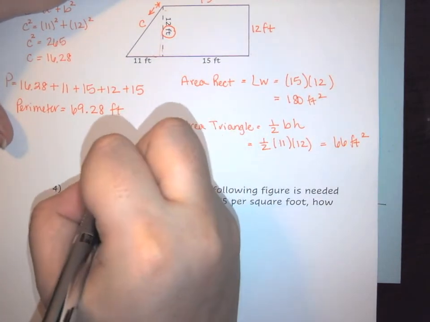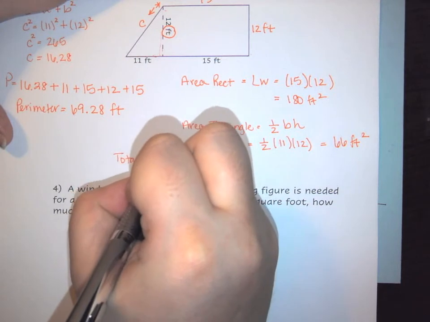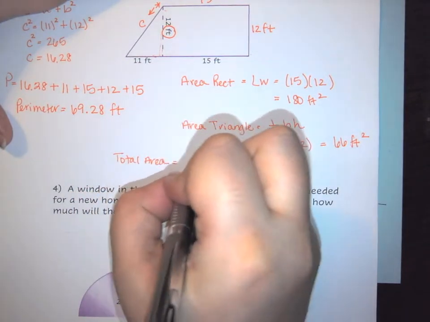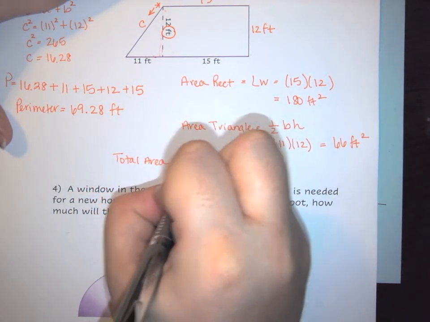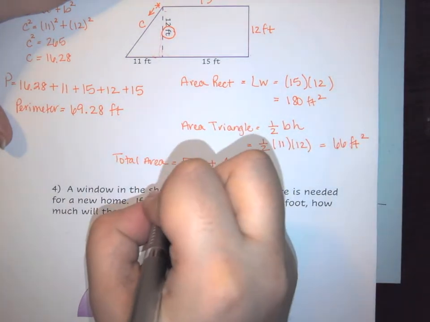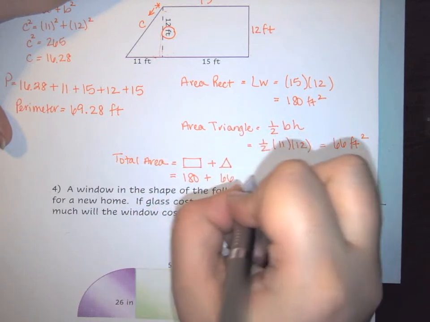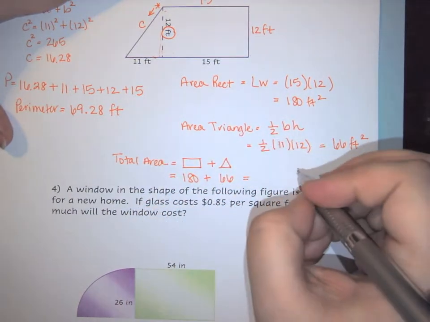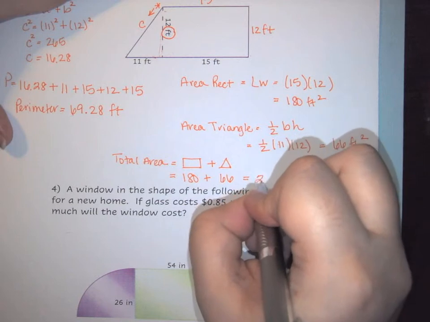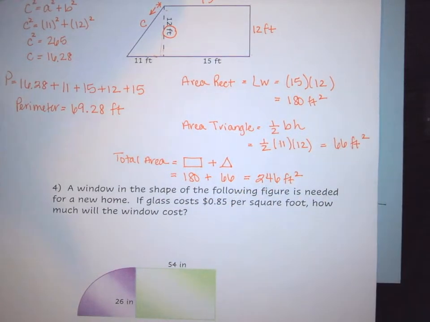So here your total area is going to be the rectangle plus the triangle. So in this case we would have 180 plus 66, which is going to give me a total area of 246 feet squared.